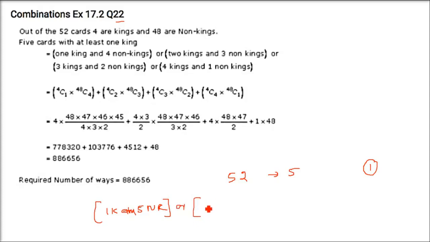Or you have 2 kings and 3 non-kings, or you can have 3 kings and 2 non-kings. If you take all 4 kings, then you have to make it 5, so 1 non-king. It cannot be more than 4 kings.